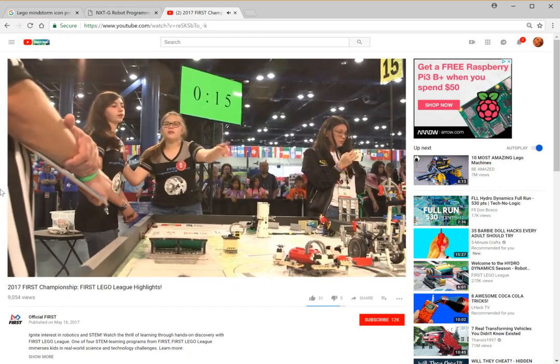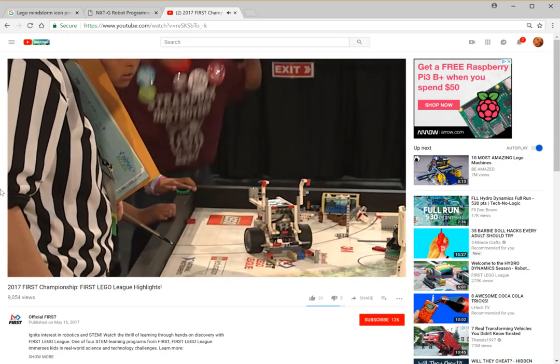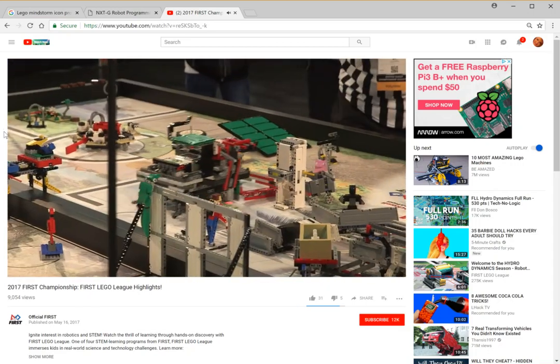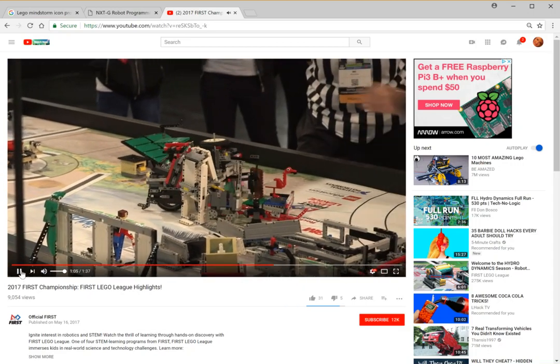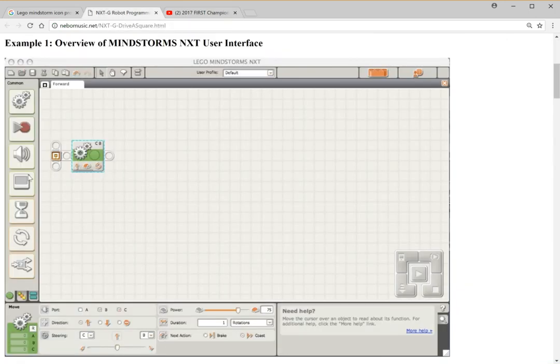And you can see that these little robots, watch, they turn a certain number of degrees and they head on out to do the program. Now these kids do separate programs for each movement. This is one of the programs that shows that it goes forward a certain distance and then it turns a certain number of degrees.